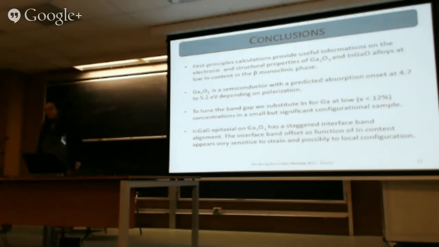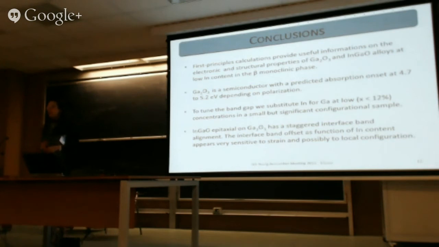Just a curiosity. You started with a gallium oxide structure that had 12 atoms, right? Yes, right. When you substituted the gallium with indium, your structure is much bigger. So you make a supercell.